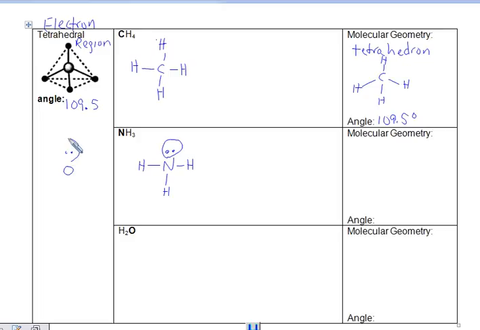So I'll show that it's kind of occupying a balloon up there. And then we have the 3 hydrogen atoms connected to the nitrogen. So we have this, this, and this. This is a lone pair now. So our molecular geometry is called pyramidal because it looks kind of like a pyramid.